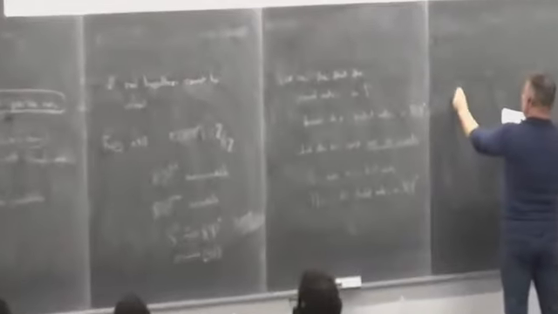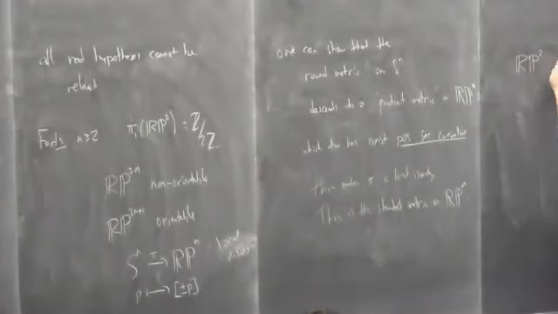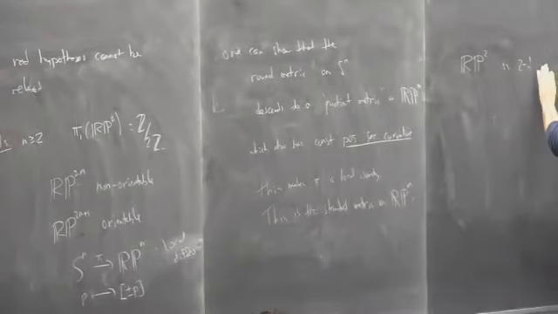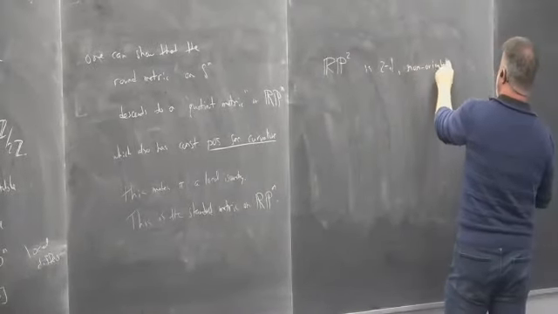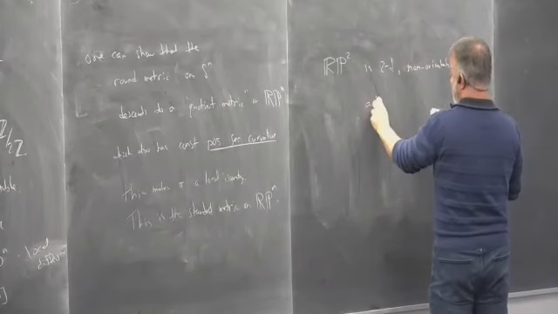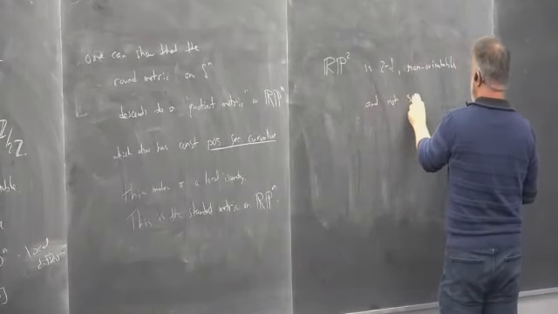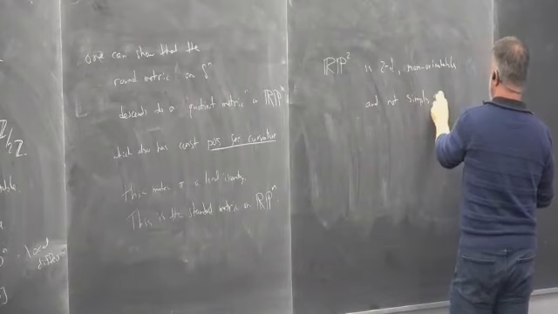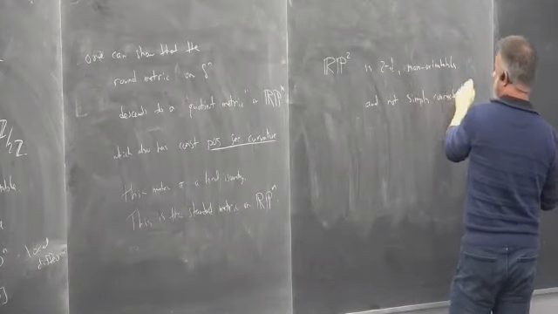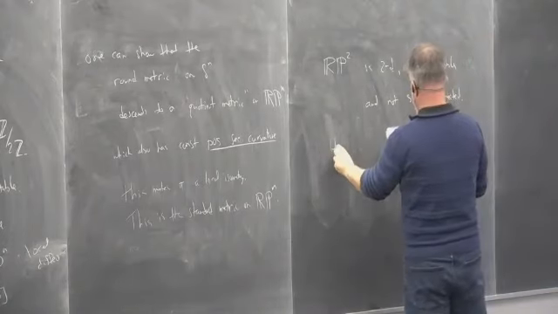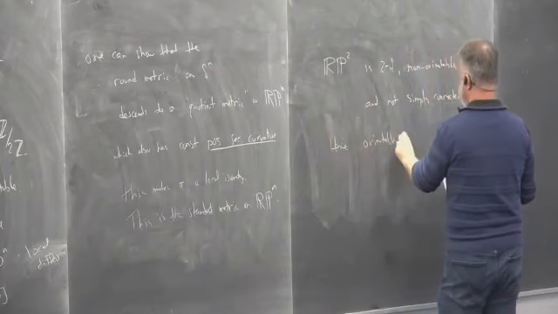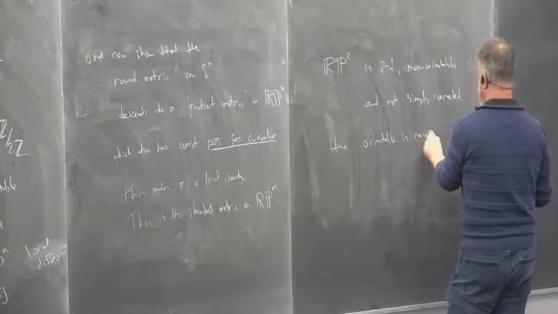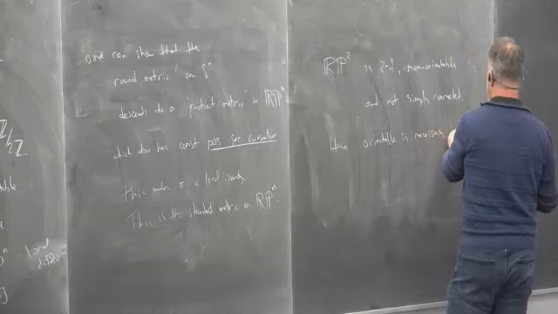So if we look at RP2, this is 2-dimensional and non-orientable and not simply connected. Okay, so hence orientable is necessary in A, right?